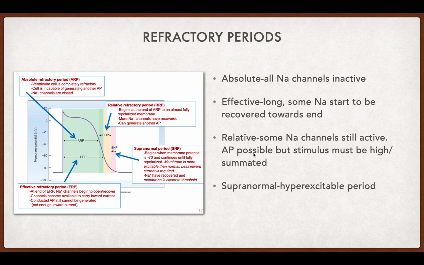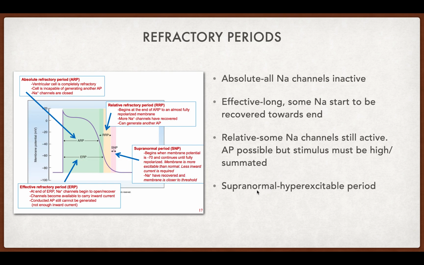Action potential is possible, but the stimulus must be high or summated. Well, it's a bit of a contradiction because heart muscle cannot be summated. Like action potential in the heart cannot be summated. So this statement doesn't really apply, but it's important to know that in skeletal muscle this is possible, but in cardiac muscle it is not. So the boards like to test on that kind of stuff.